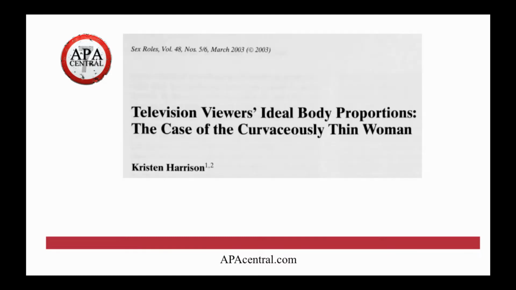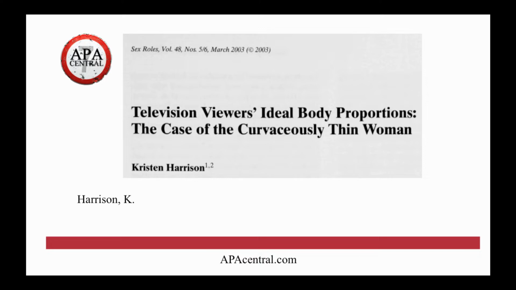So this is an article by Kristen Harrison called Television Viewers' Ideal Body Proportions, the Case of the Curvaceously Thin Woman. So you can see that the title is in title case because this is a screenshot of the journal article. So we start with the author's name.